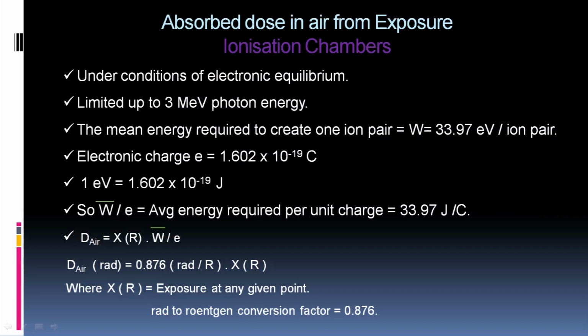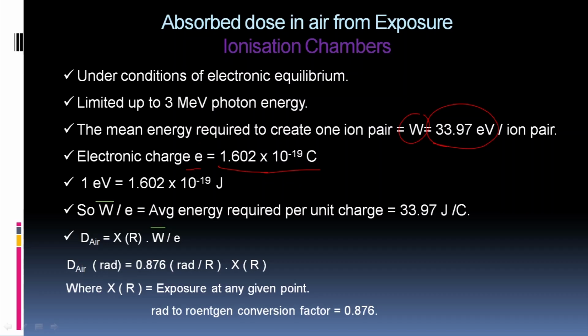So this measurement is limited up to 3 mega electron volt photon energy, and we know that the mean energy required to create one ion pair, W, is equal to 33.97 electron volt. The electronic charge e is equal to 1.602 times 10 to the power minus 19 coulomb.